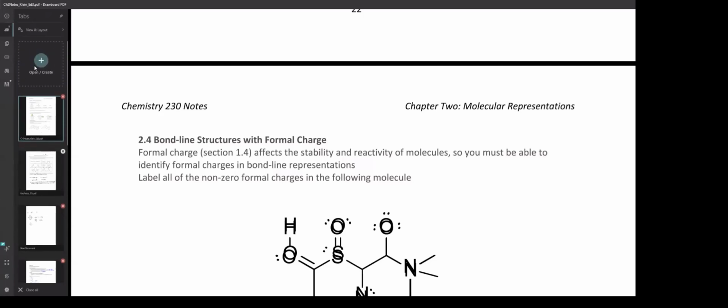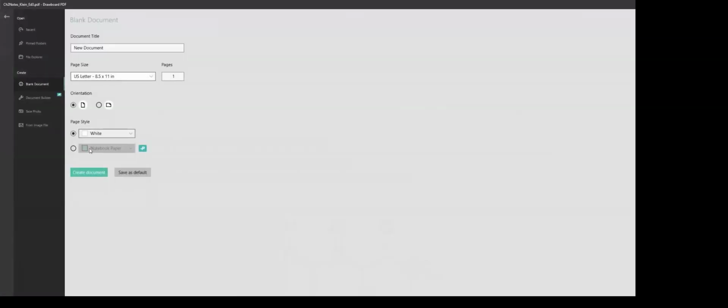So I'm going to draw some functional groups here. First, let me do molecules with only one functional group. Very important, by the way.